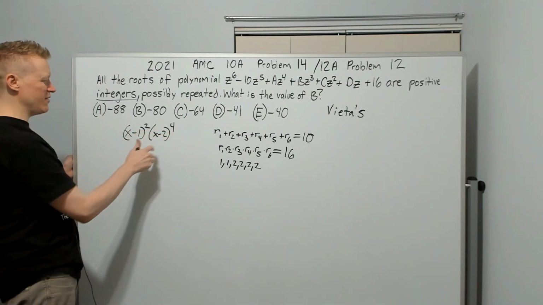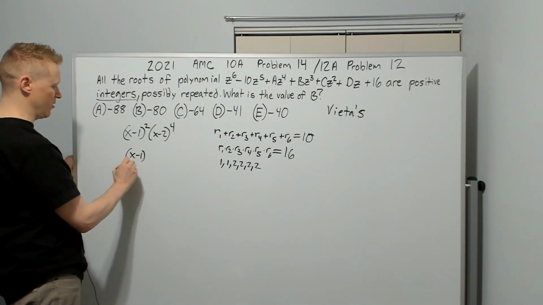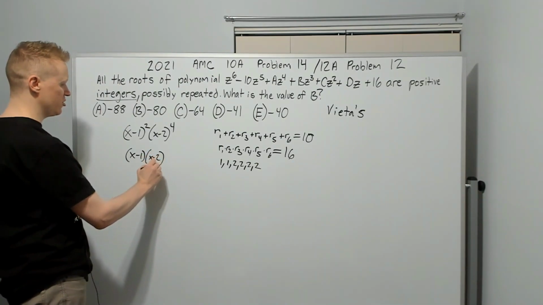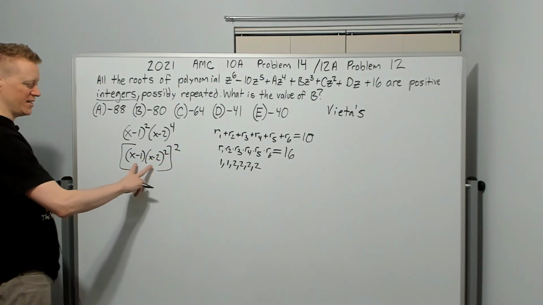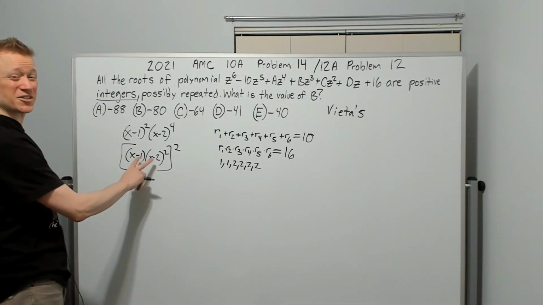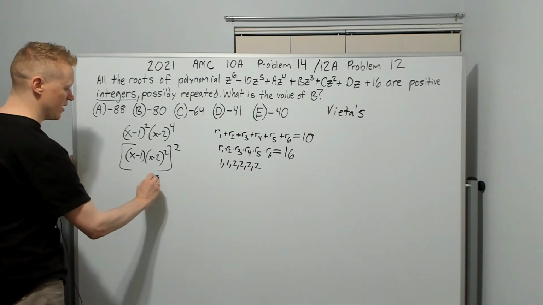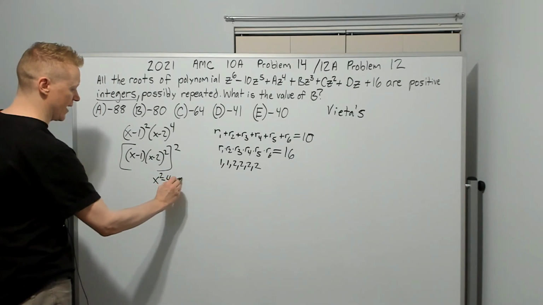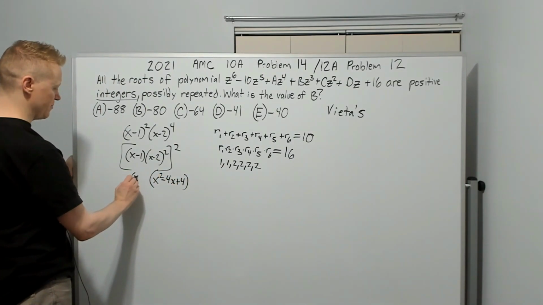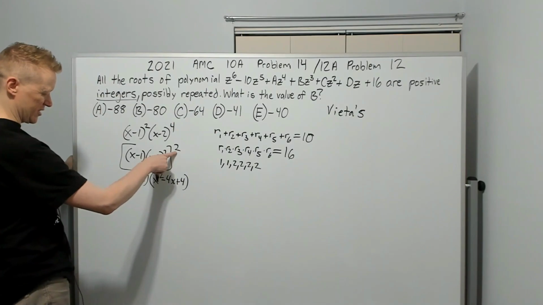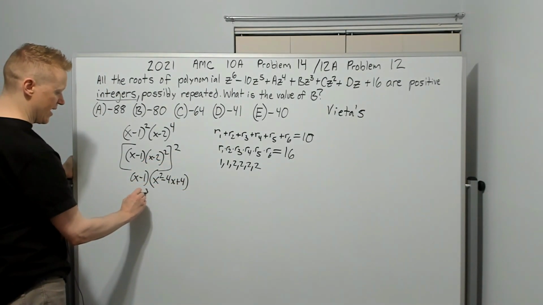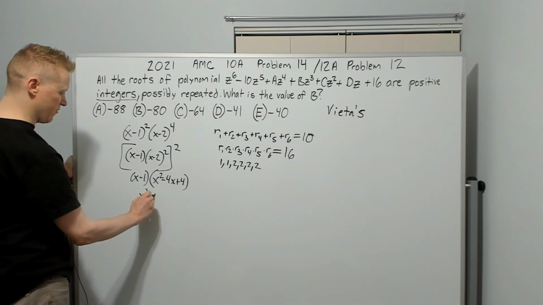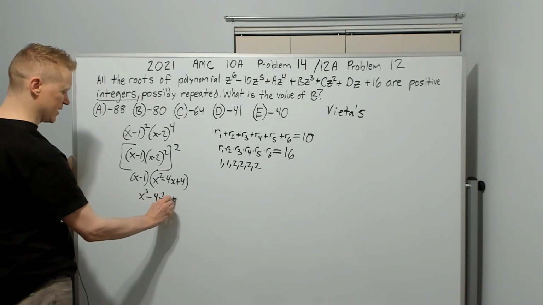Why are these both even? Maybe so that you can take out a power of 2, and then it would look like this. And this would be a cubic, and maybe we could think about it faster if we just attacked this. So x squared minus 4x plus 4 times x minus 1. We're going to just ignore the squared for right now. Distribute this x to everything. x cubed minus 4x squared plus 4x.